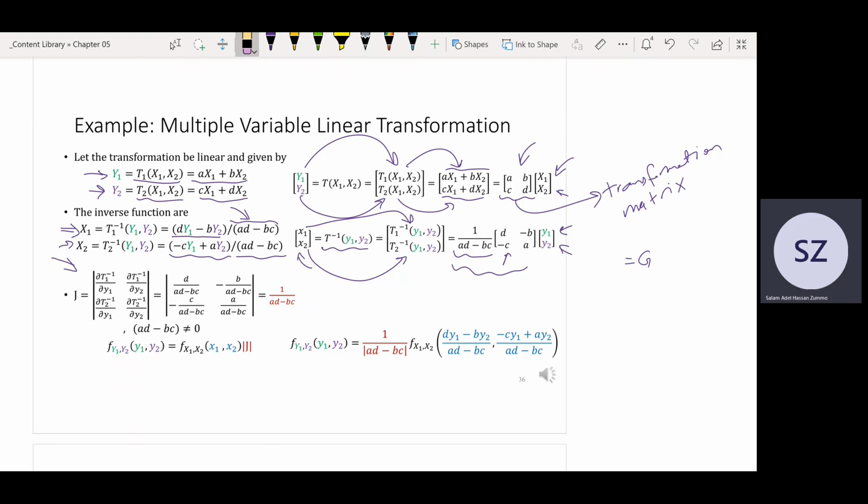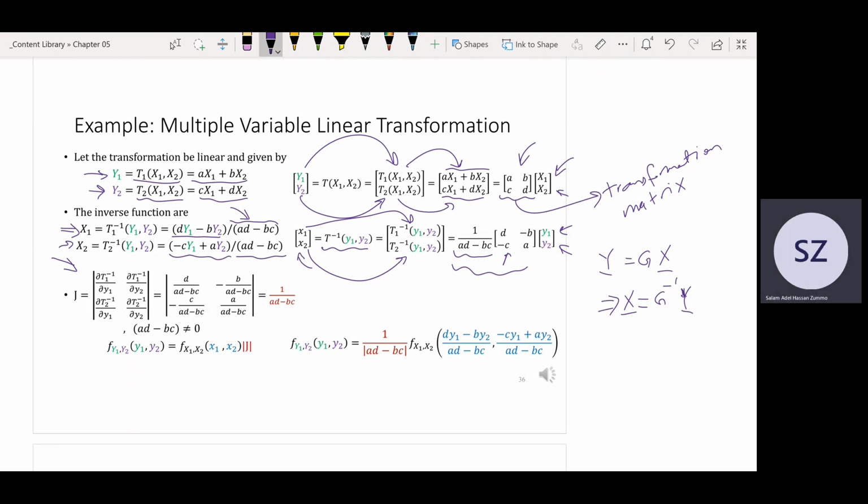This is linear algebra, which I think most of you took. Y equals gx, right? So x here equals g inverse y. Of course, the condition here is that g inverse must exist, which means that g should be full rank. What does full rank mean? The two equations are independent; no equation is related to the other.